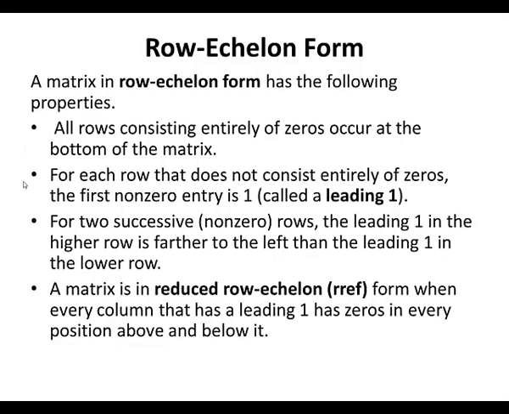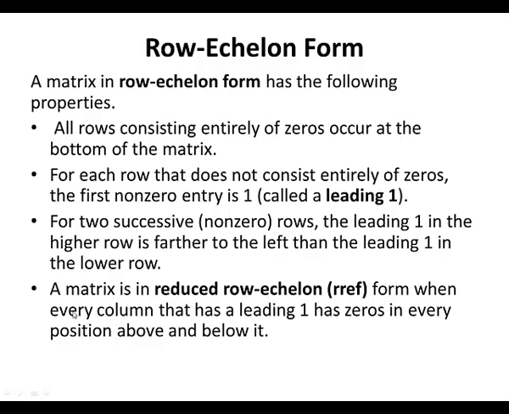Number 2, each row that does not consist entirely of zeros must have what is known as a row leading 1, i.e. the first non-zero entry has to be a 1. Number 3, for two successive non-zero rows, the leading one in the higher row is farther to the left than the leading one in the lower row. I'm going to solve an example in lecture 5 to illustrate this concept.